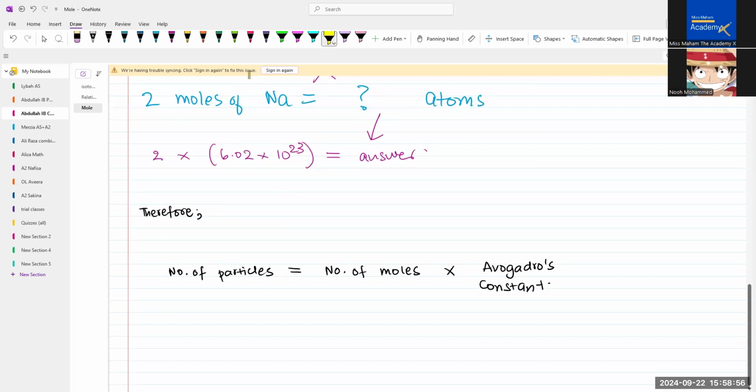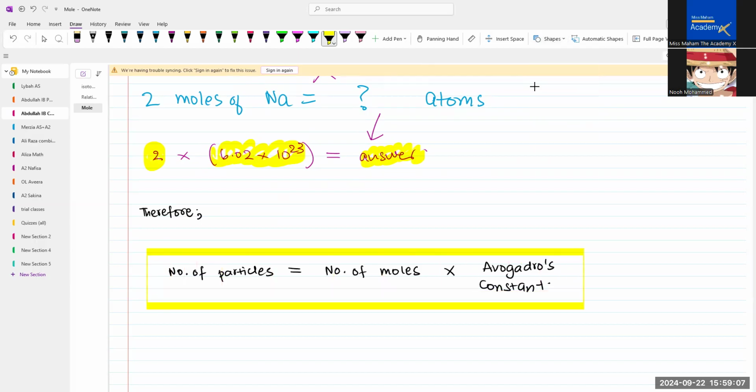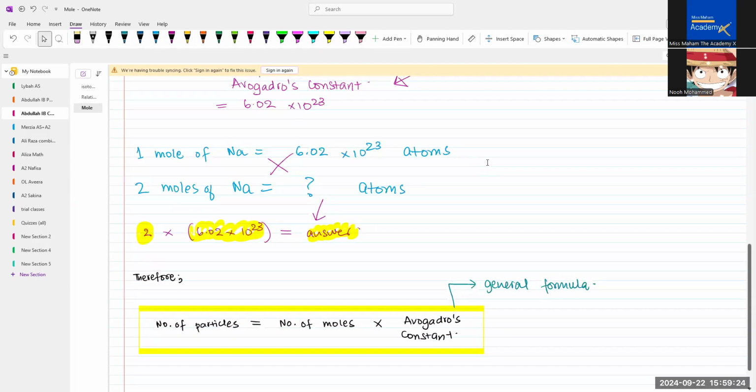Number of particles, which you wanted as an answer, equals number of moles into Avogadro's constant. So this is a generalized formula to find the number of particles in whatever number of moles. Any questions still here? No, miss. Okay, perfect.